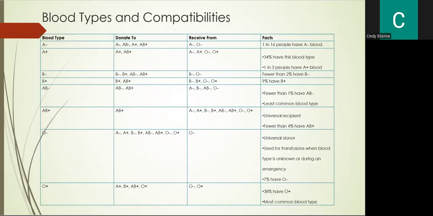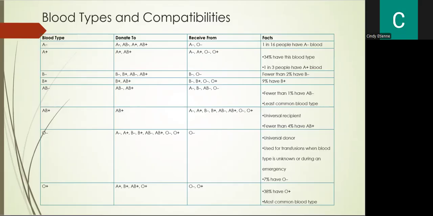So let's focus on the two blood types you absolutely must know for NCLEX. O negative is called the universal donor because its red blood cells have no A antigen, no B antigen, and no RH antigen.